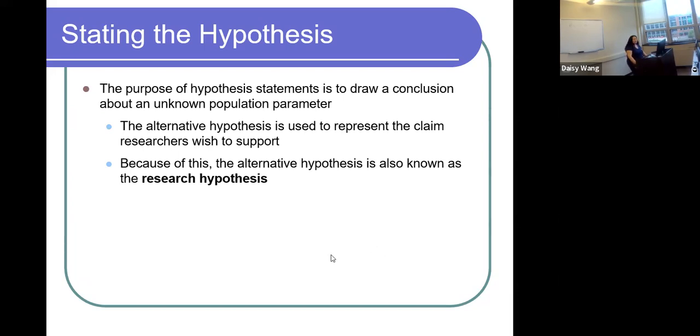So the hypothesis test is like we need to have a conclusion or estimate, okay, on some unknown population parameter. And usually we put what we want to show, our theory, in the alternative hypothesis.